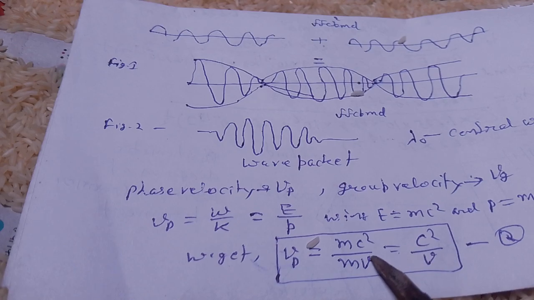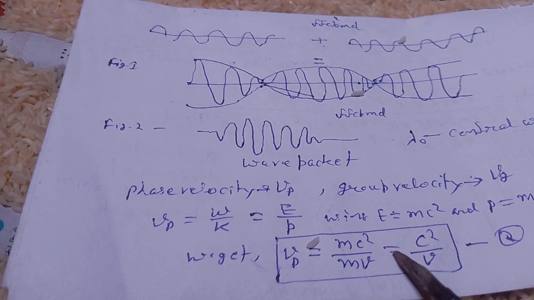Now since v is less than c, it is clear that the phase velocity of a wave packet associated with a particle is greater than that of light. This should not disturb you, because no physical quantity like energy, information, or signal associated with the wave travels with the phase velocity.